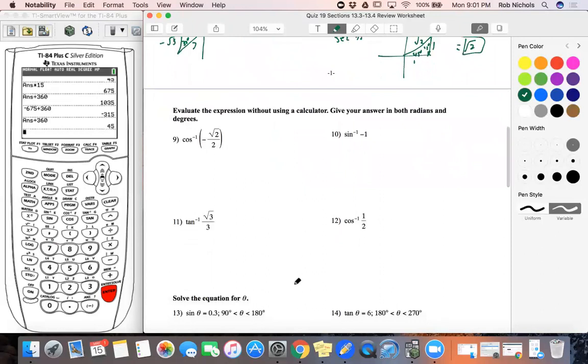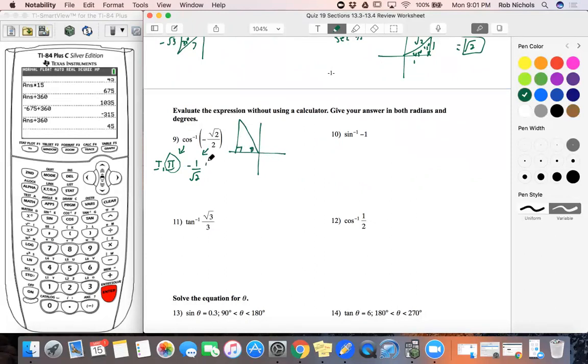For number 9, remember, the inverse cosine is defined in quadrants 1 or 2. This is negative, so I want to draw the angle in quadrant 2. The trick I gave in class was, let's think about what it was before I rationalized. So let's draw this triangle in quadrant 2. Here's my theta.